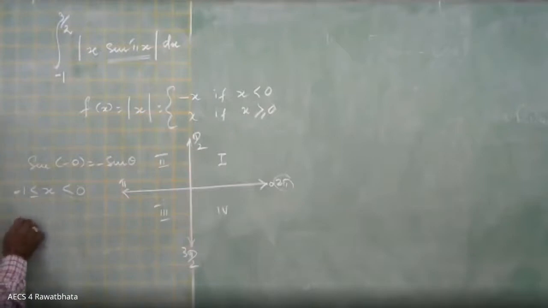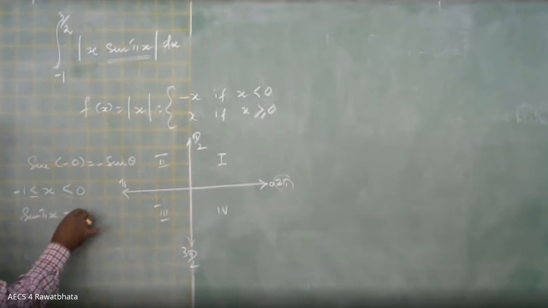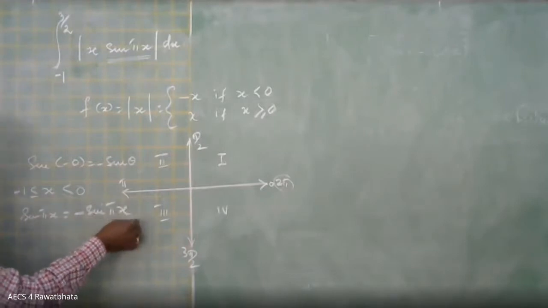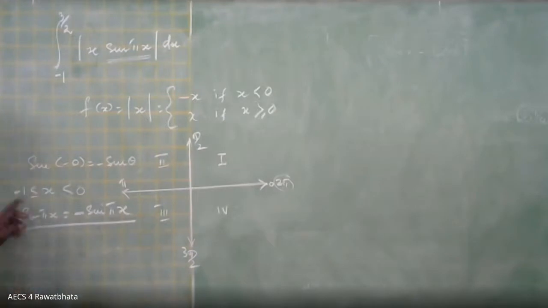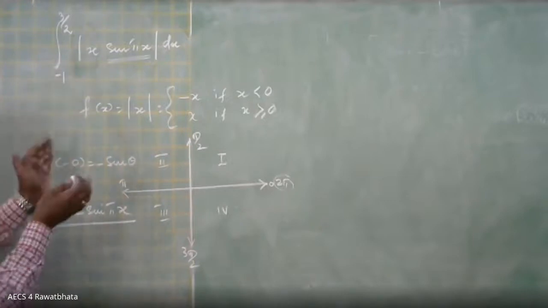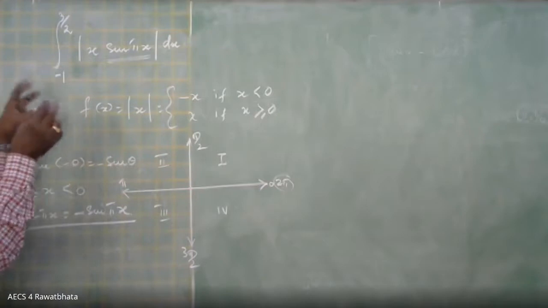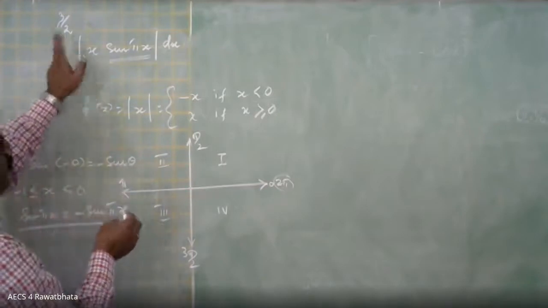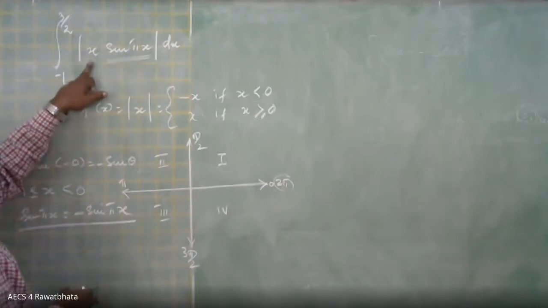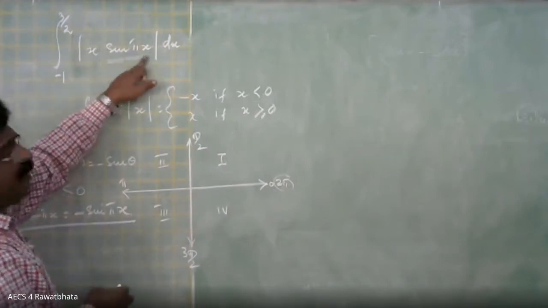What about sine pi x? Sine pi x is minus of sine pi x. Correct? Visible to you? Here the function is a product of two functions. One is f of x, another one is g of x. f of x is x and g of x is sine of pi x.